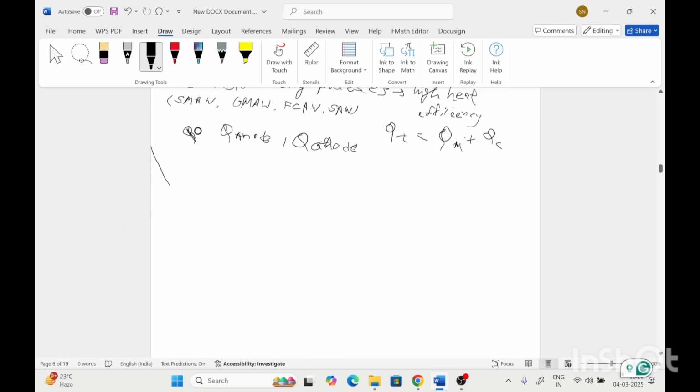So what is the heat efficiency? If we write the equation, the heat input W can be written as eta P V I divided by S. Here eta P is the efficiency.